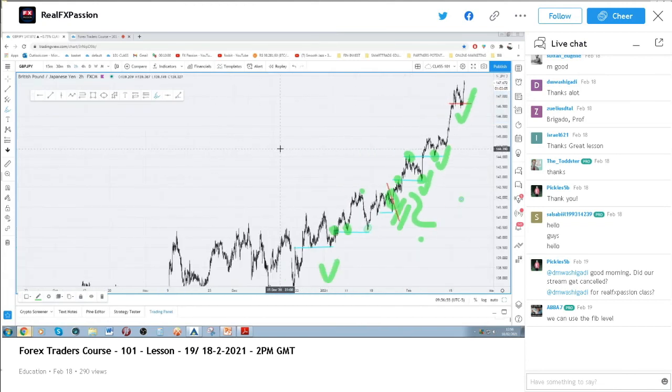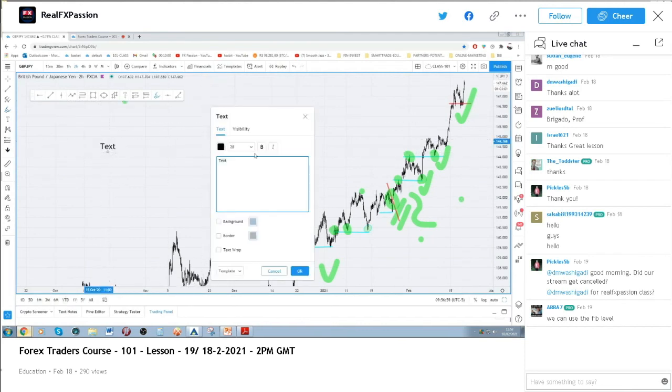Homework, everybody. Homework. If you are going to use support, resistance, and pivot points, draw them on the monthly chart of your choice.